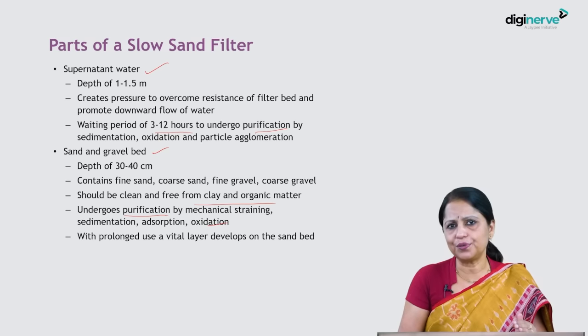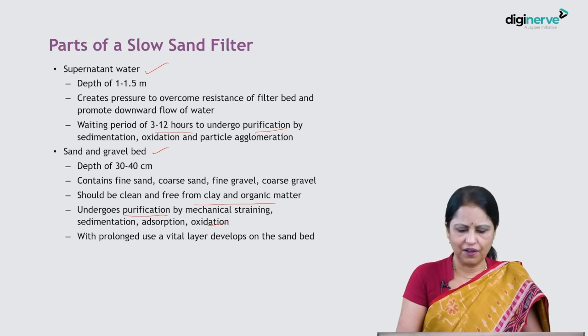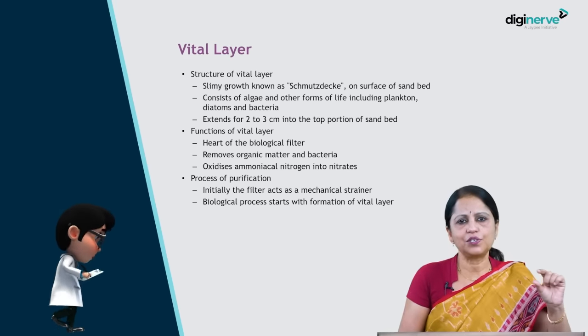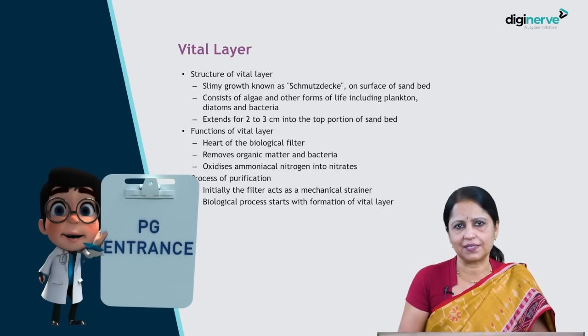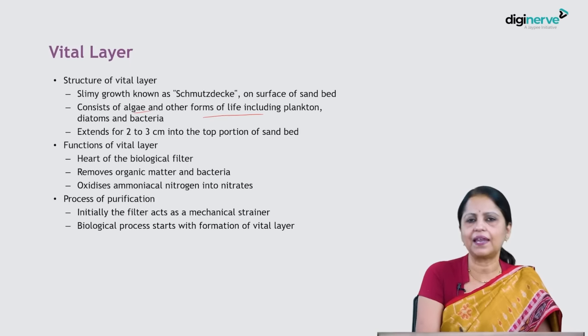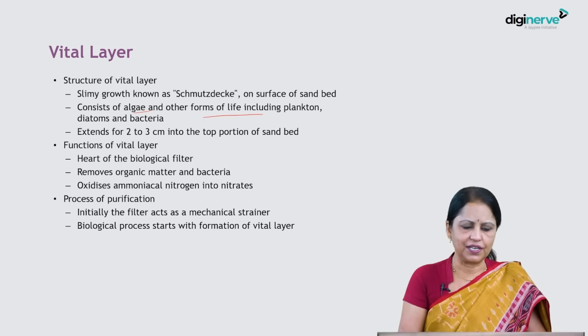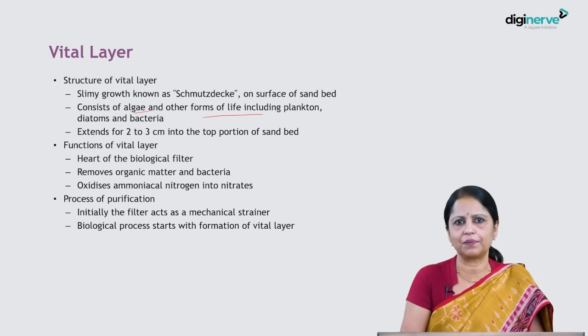With prolonged use, gradually a layer is built on top of the sand bed, that is the vital layer. So what is a vital layer? It is a slimy layer on top of the sand bed of about 2 to 3 centimeters thickness, and it consists of algae and other forms of life like plankton, diatom, bacteria, etc. These collect as the water trickles down, or as the water is staying there on top of the sand bed.